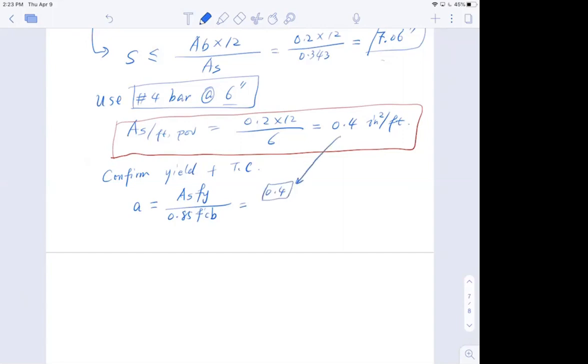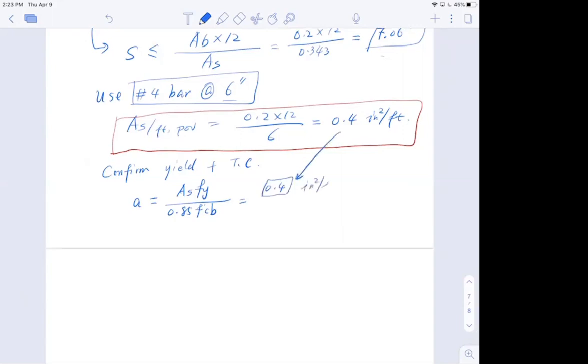This is 0.4. Where is that coming from? That's the provided steel, in square inch per foot, multiplied by 40 ksi yield strength, divided by 0.85, the Whitney stress block factor, and 4 ksi of concrete, and 12 inches of width. This b is the strip width, per foot, 12 inches.